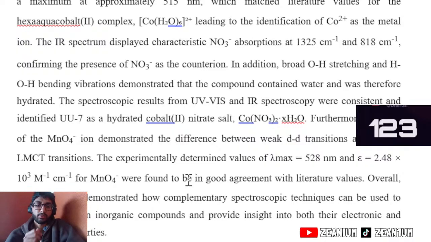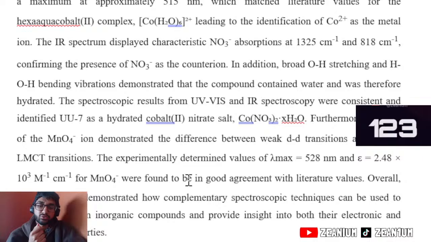So let me read it out for you aloud so you can see what I got. The unknown inorganic compound U7 was successfully identified using a combination of UV and IR spectroscopy. The UV spectrum exhibits a broad absorption band with a maximum at approximately 515 nanometers, which matched literature values for the hexaaqua cobalt(II) complex, leading to the identification of cobalt(II) as the metal ion.